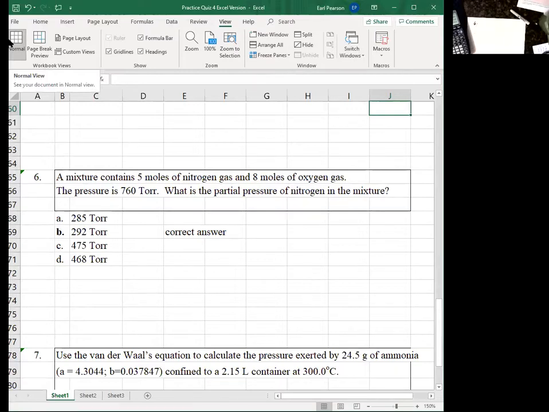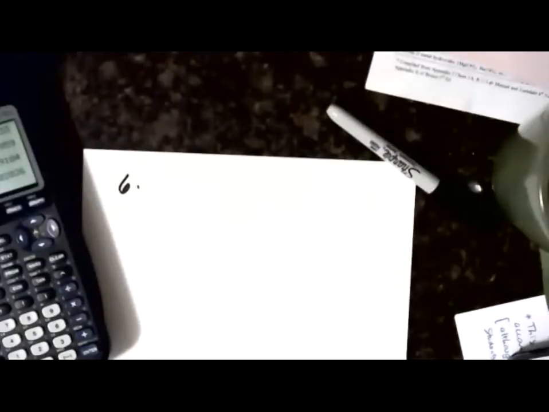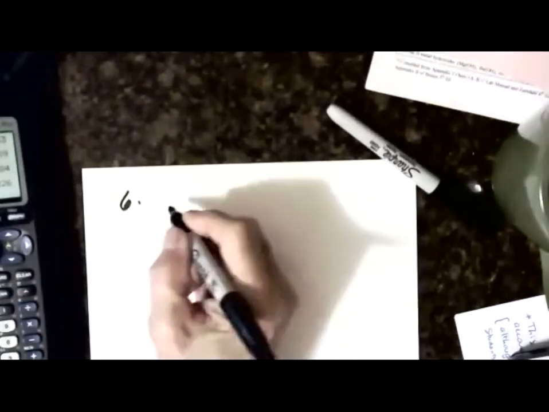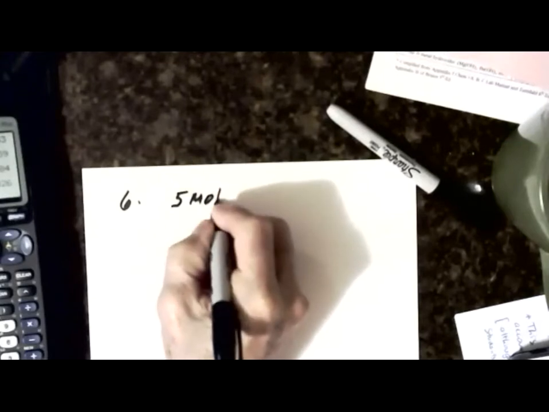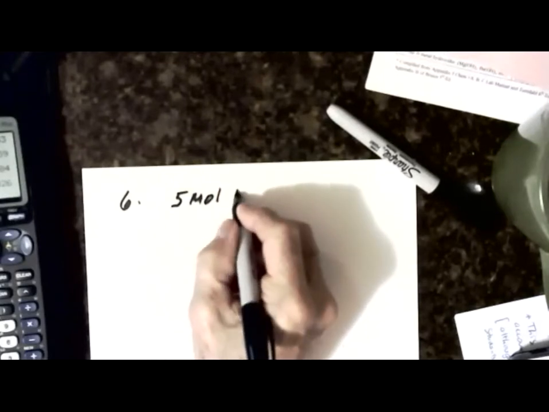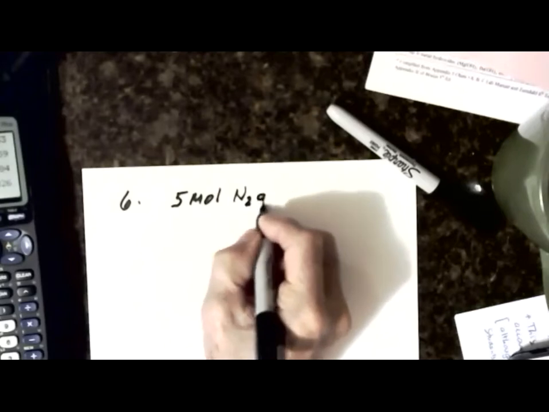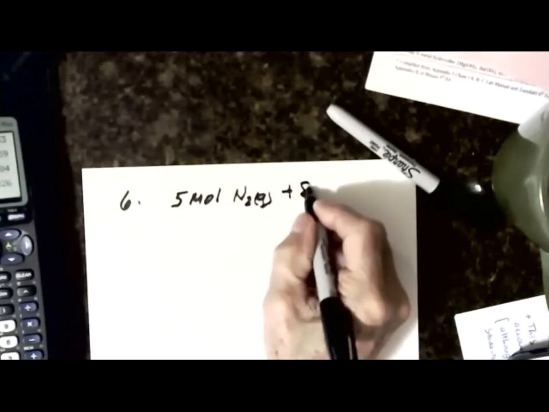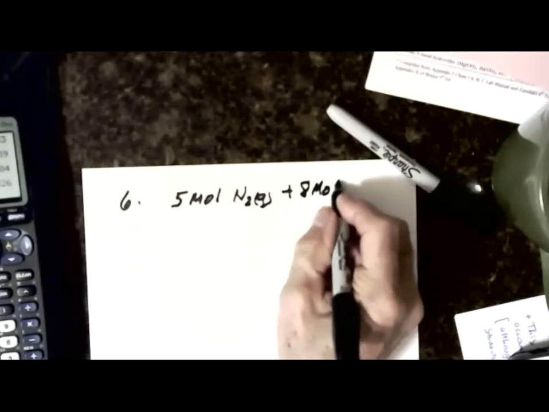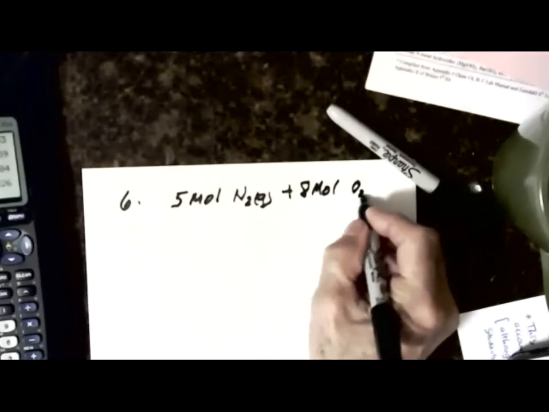So let's get back over here so you can see my screen again. On my work pad. There we go. And you've got a good view of the work pad. Now, we've got 5 moles of nitrogen. Nitrogen is N2 gas. And we've got with that 8 moles of O2 gas.